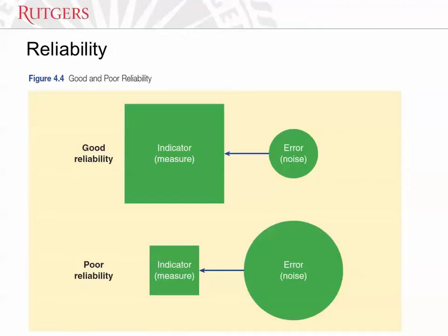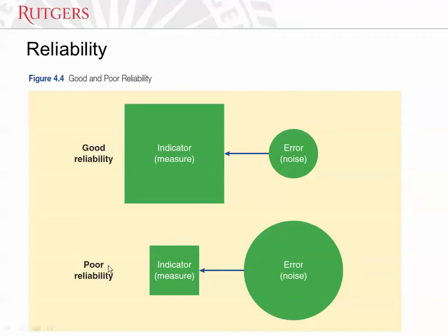Here's a diagram that shows the idea of reliability as being related to the amount of random error in a measurement, or noise. You can think of this as a signal to noise issue, where in a measurement with good reliability, most of the way in which a number is high or low, or a measurement varies, is determined by the signal, the indicator, the measure itself, and not by the noise.